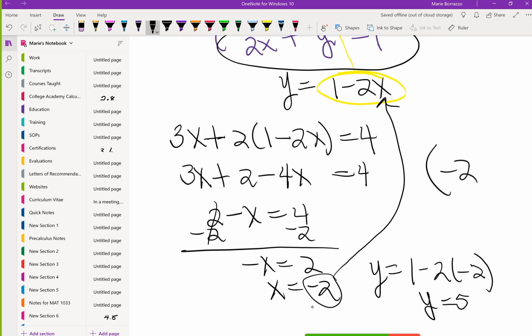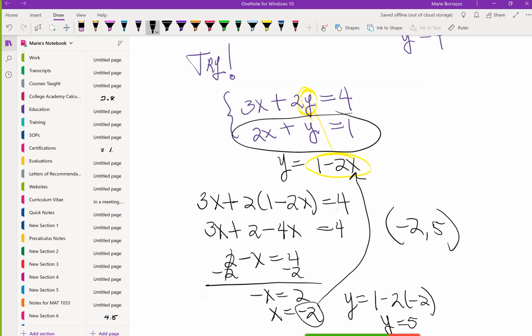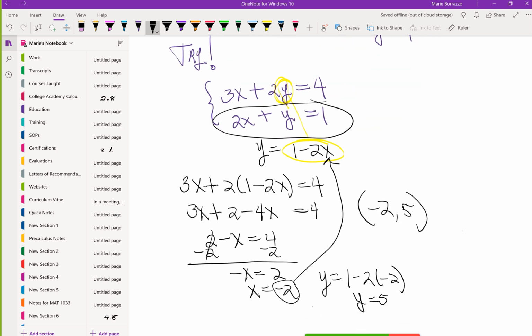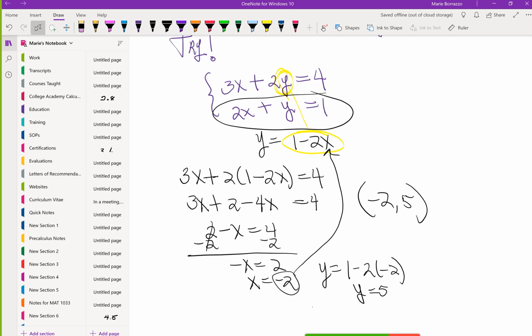All right, take a minute, look up, and see if you have the same final response as I do. Again, this is solving by substitution.